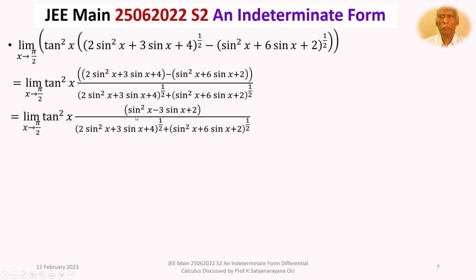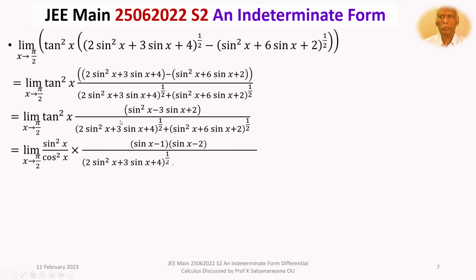The numerator can be factorized as (sin x minus 1) into (sin x minus 2), and we write tan square x as sin square x by cos square x. Limit x tends to pi by 2 of sin square x by cos square x, the numerator factorized as (sin x minus 1)(sin x minus 2), by the denominator as it is.